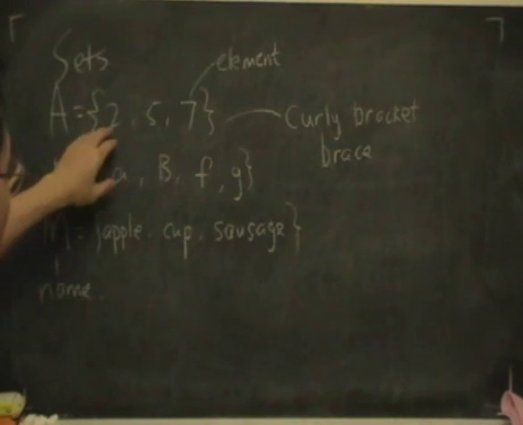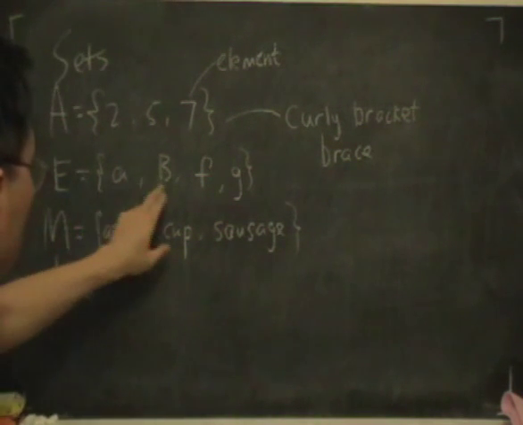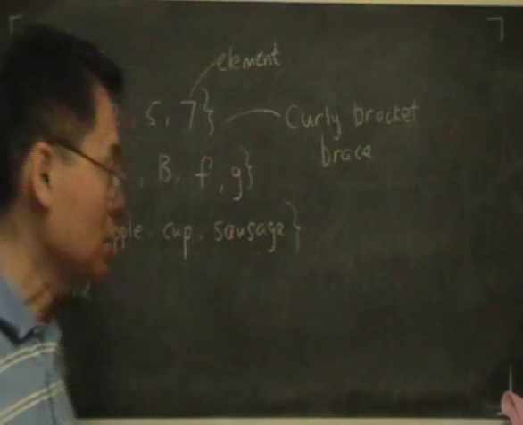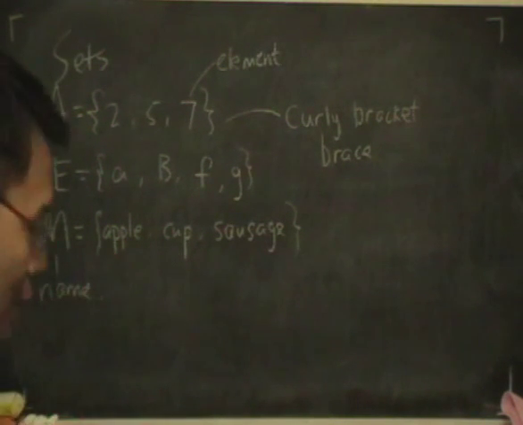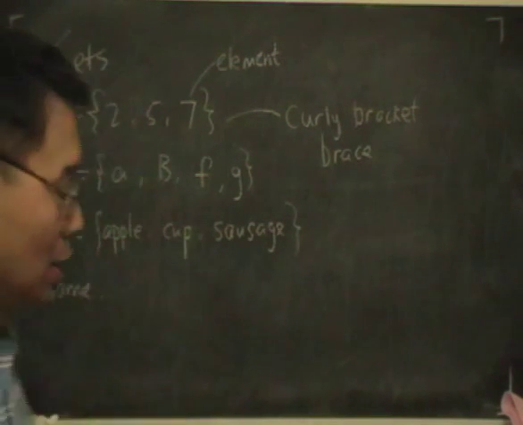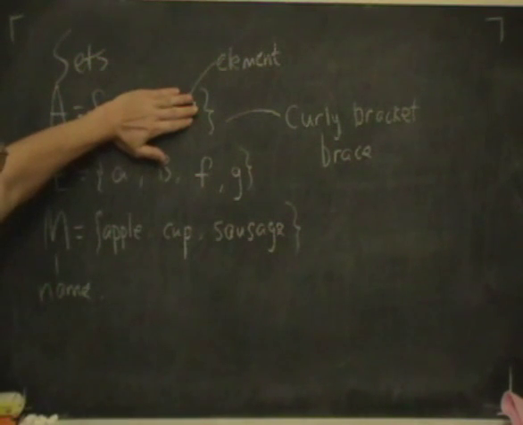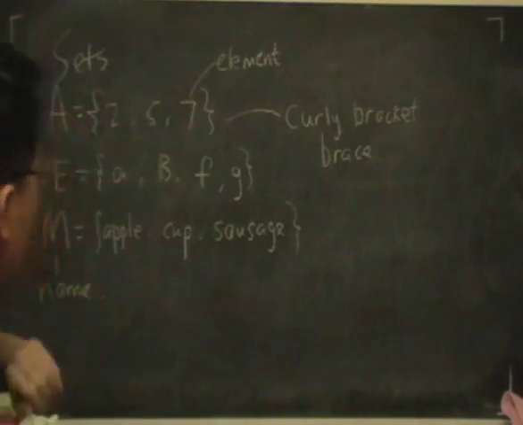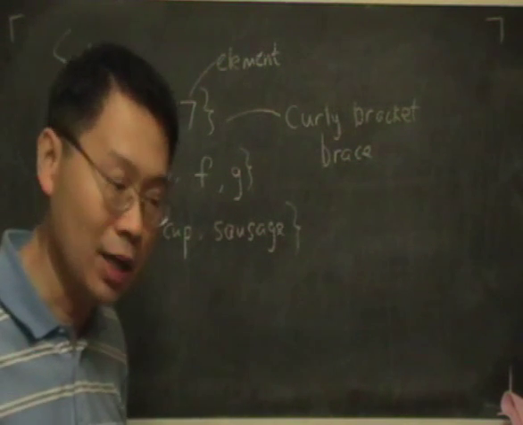In the set A, I have 3 elements. In the set B, I have 1, 2, 3, 4 elements. Right? Now, but if I just tell you the set A without telling you what are the elements, then you would not know how many elements there are in A.